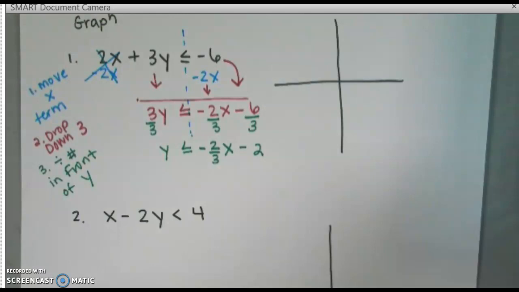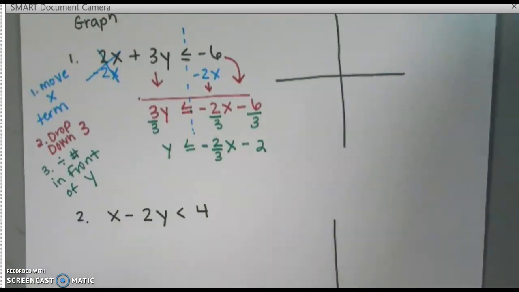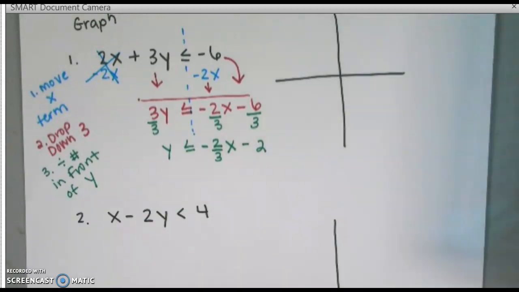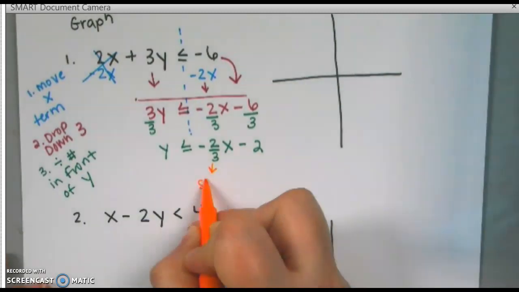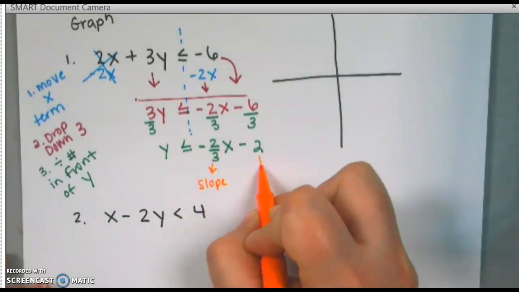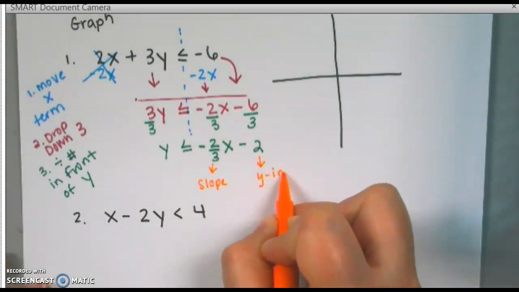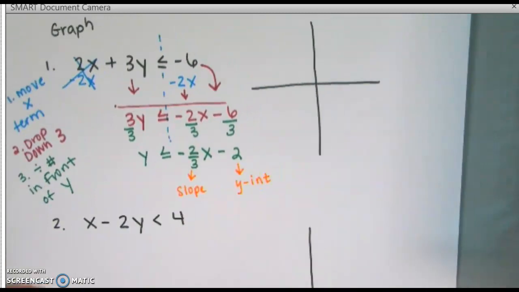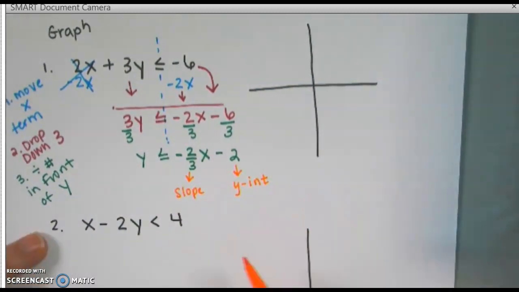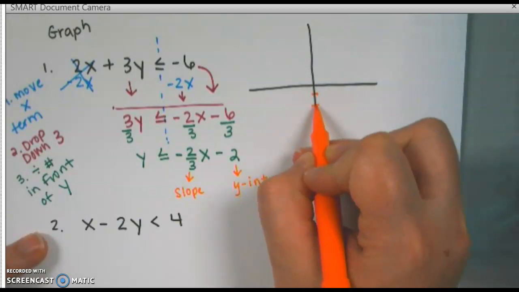Remember, the whole reason that we do that is to figure out the slope and the y-intercept so that you can identify the graph. So in front of the x is the slope. The number by itself is the y-intercept. So I know I have a line.